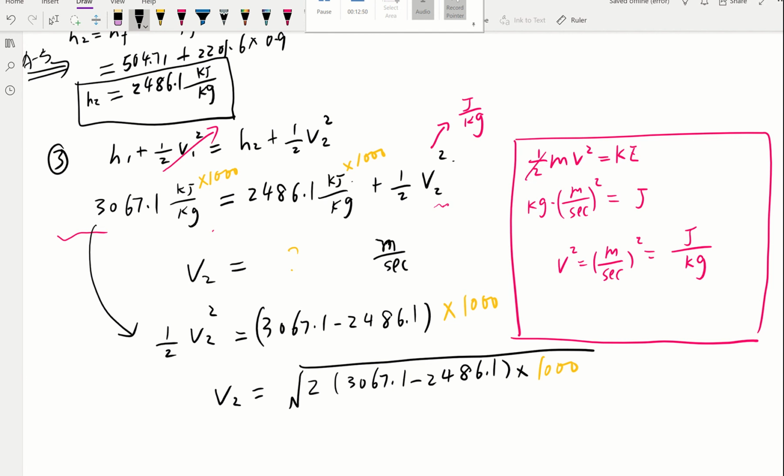Okay, with all of this down, let's do the calculation together. 3067.1 minus 2486.1, then times 2,000, then take our square root.